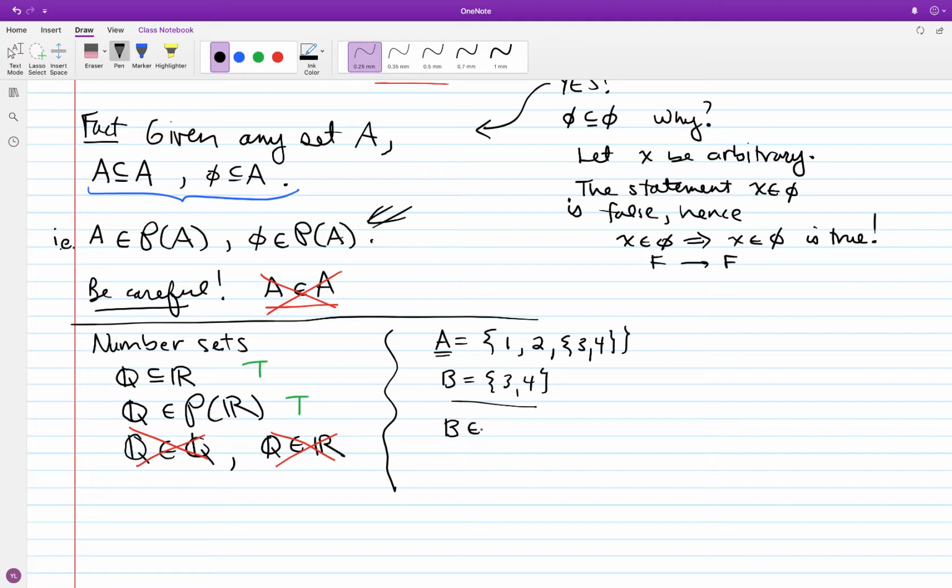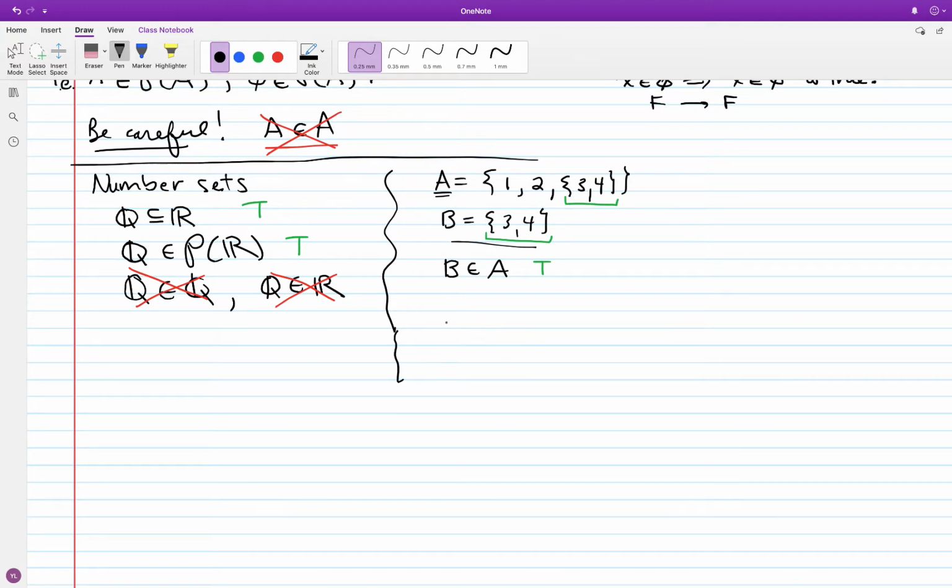Saying that B is an element of A is actually true, because I do see B as an element of A. Okay, so here's a couple of questions in both columns here. Is B an element of the power set of A? And then let's say something like this: is Q an element of the power set of Q? Just pause the video and see if you can get an answer to those two.